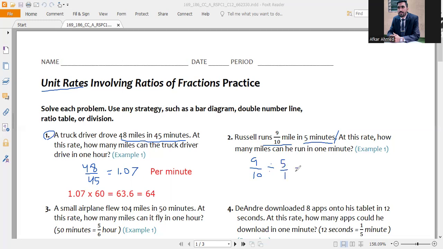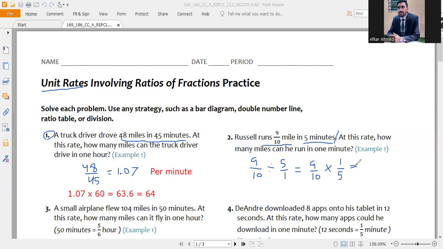If there are two fractions, you can use keep, switch and flip. 9 over 10 remains the same, that is, keep means this will remain the same, then switch or change divide to multiply, and the last one is 1 over 5, flip it. When you flip, the denominator and the numerator will change. Now we will multiply them.